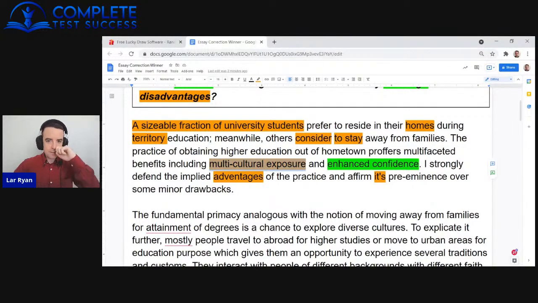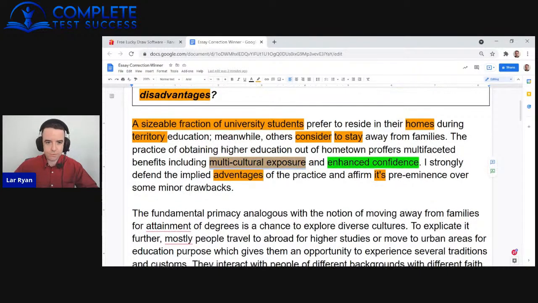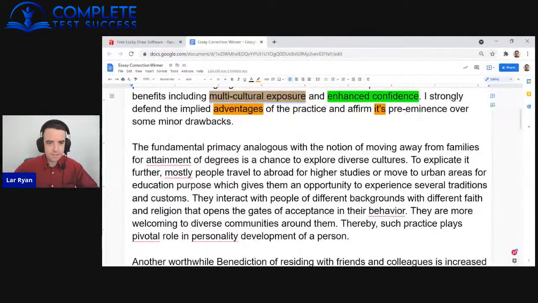Right. So like I said, I want a paragraph about multicultural exposure. So let's have a look here. The fundamental primacy analogous with the notion of moving away from families for attainment of degrees is a chance to explore diverse cultures. Vocab, again, like this, I don't even know what this means.